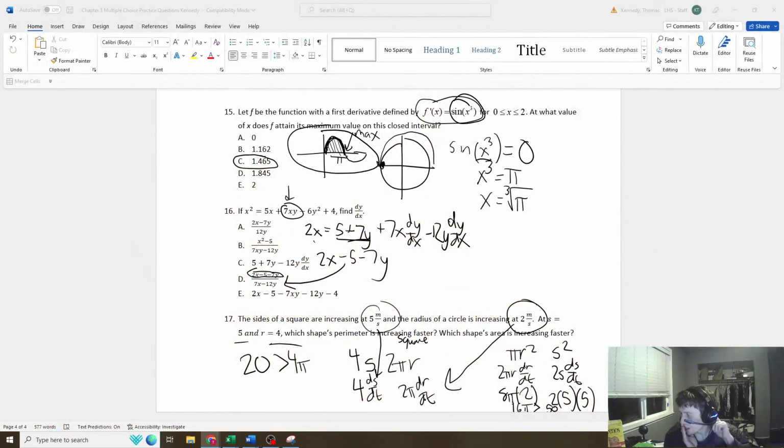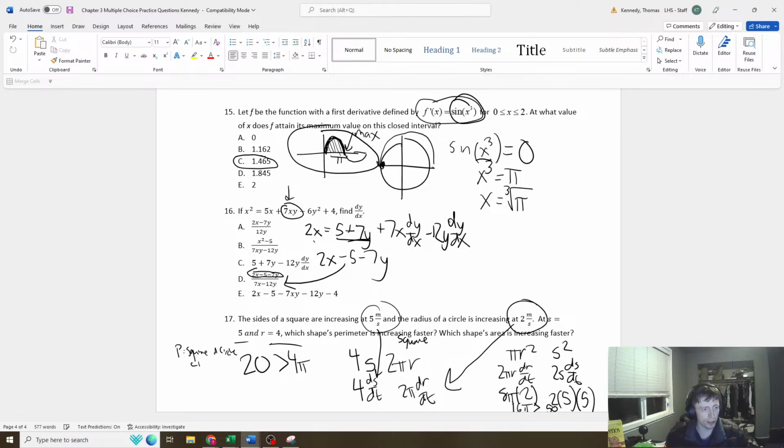What would that question look like in multiple choice format? Just ask for one of them. Probably if 17 was a multiple choice, it'd probably say perimeter, square, area, circle, and then all 4 iterations of this as the 4 multiple choice options.